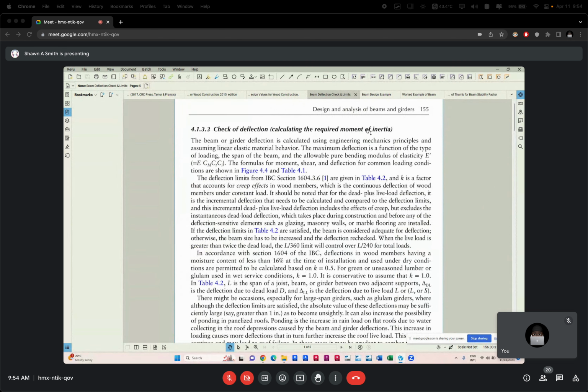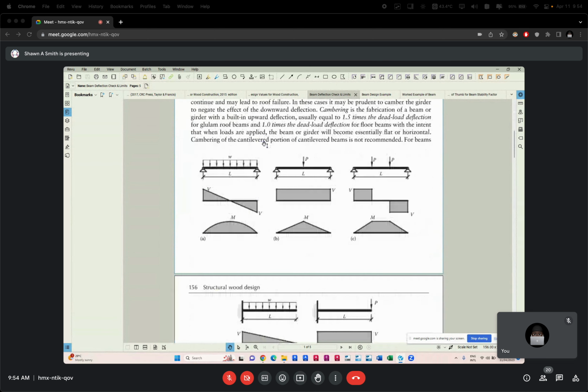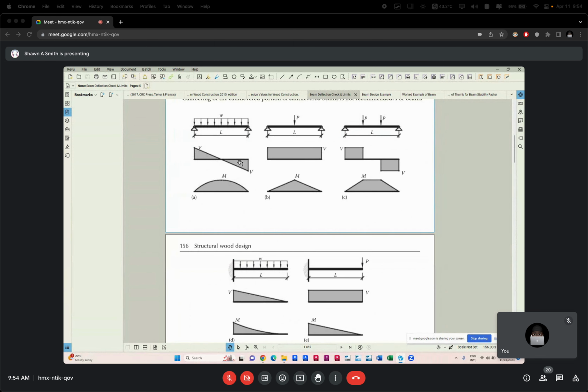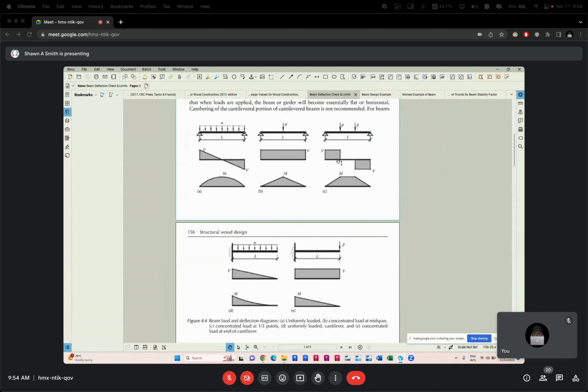Without even going through all this narrative at 4.1.3.3, I just want to jump straight into looking at these scenarios. Last week Tuesday, I did say that there are tables, including the tables that are given to you in your exam, that will have different cases of beam types and formulas to find the maximum deflection.